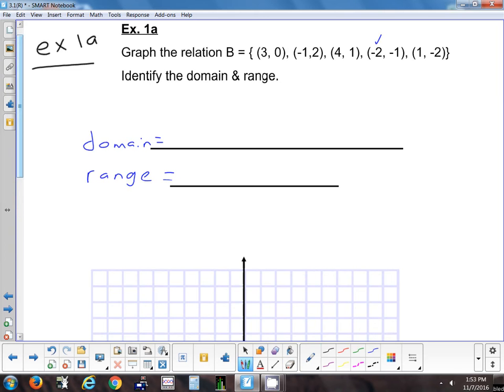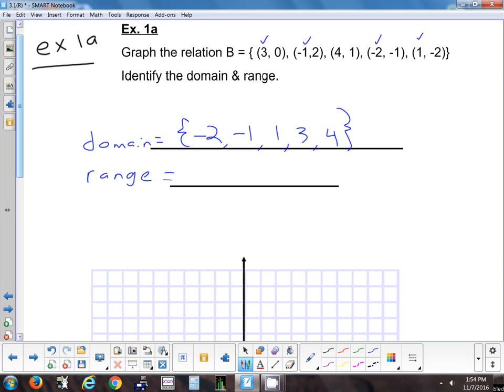All right. What's the next lowest value in my domain? -1. Yep, I agree with that. 1 looks good. We got 3 and 4. Those are the values in my domain.